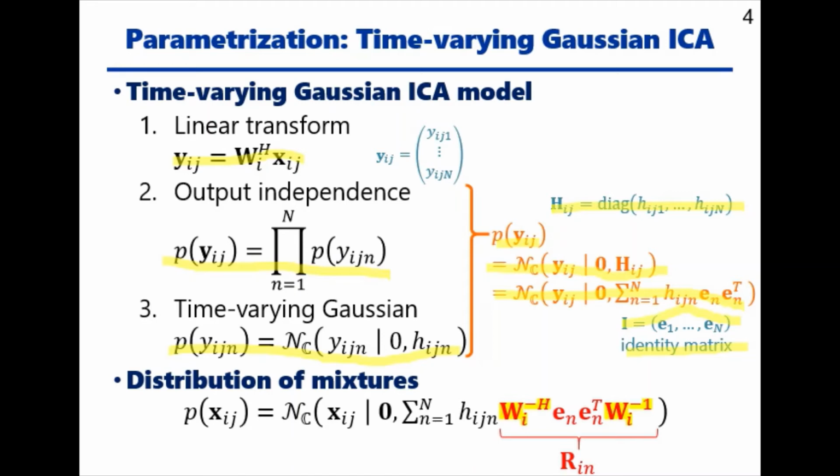Therefore, from the first assumption, the distribution of mixtures X is given by this equation. Here, the red part corresponds to the spatial covariance matrix R. So we have shown the parameterization in the previous slide.